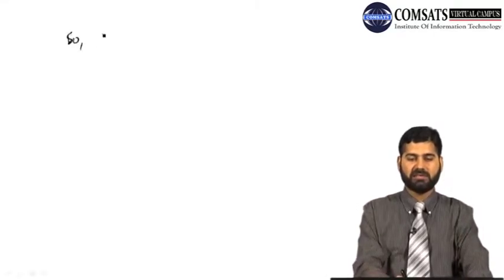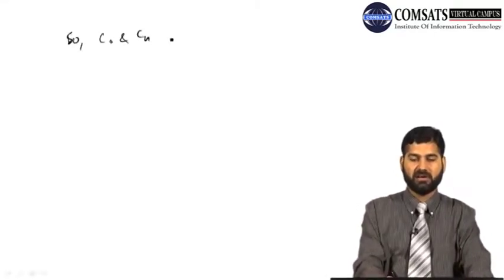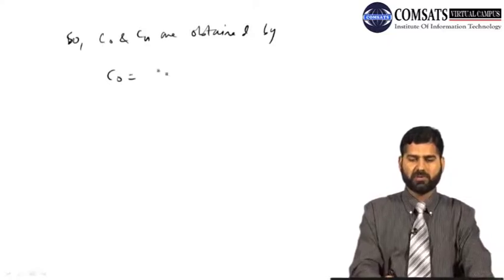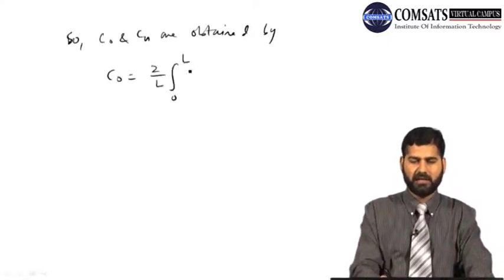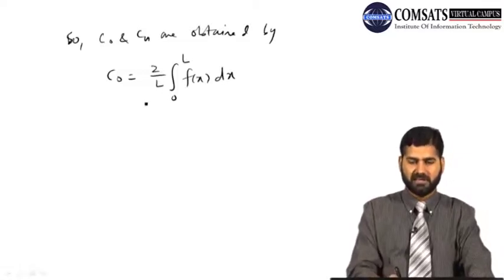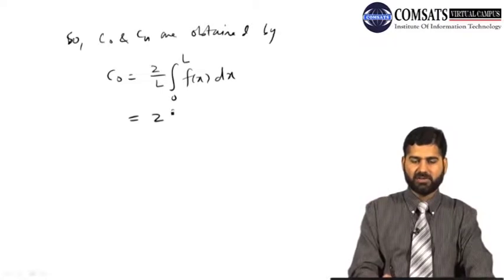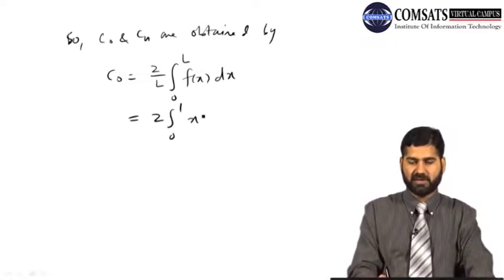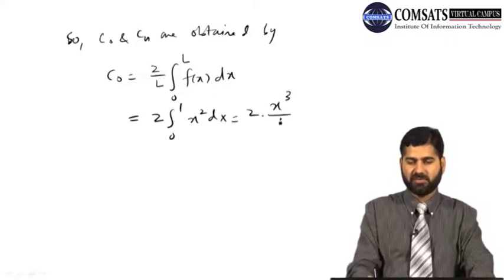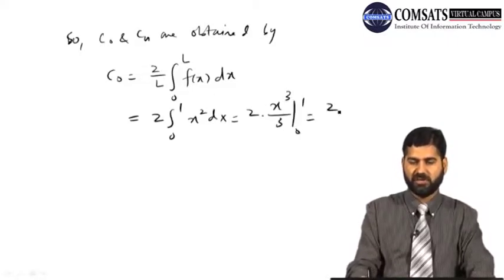So c naught is equal to, I guess, 2 by L integral from 0 to L of f(x) dx. So L is 1 here, f(x) is x square dx. So that is 2 times x cubed by 3 from 0 to 1. So it is 2 by 3.